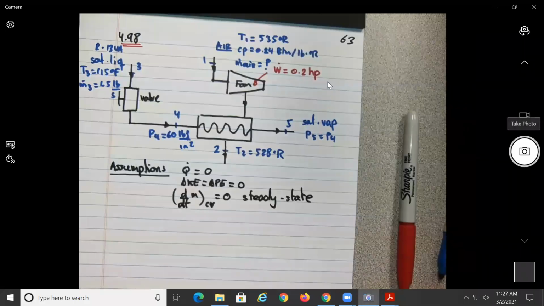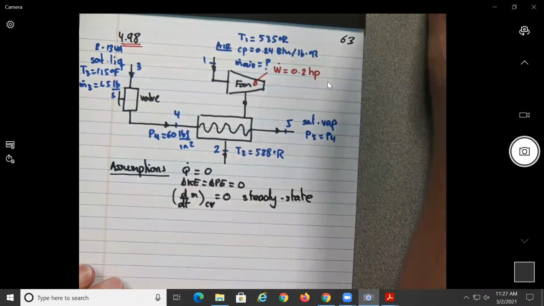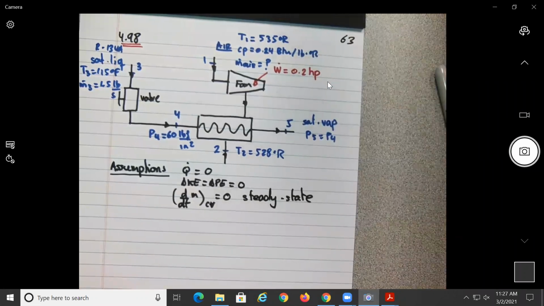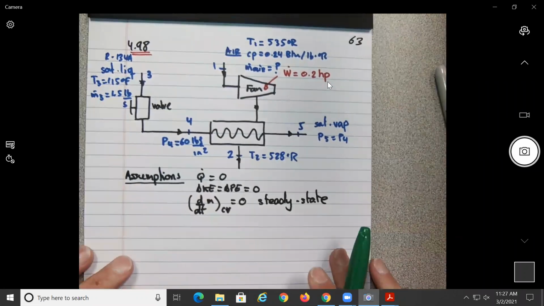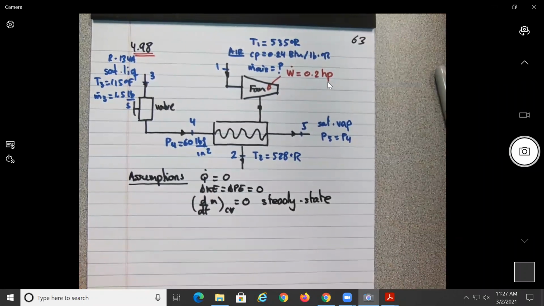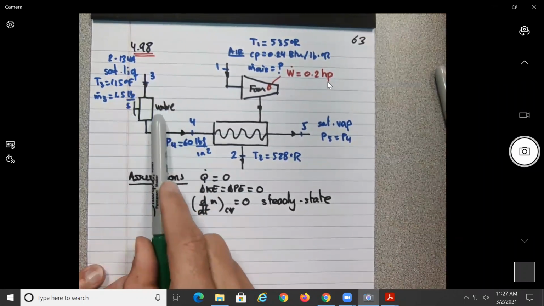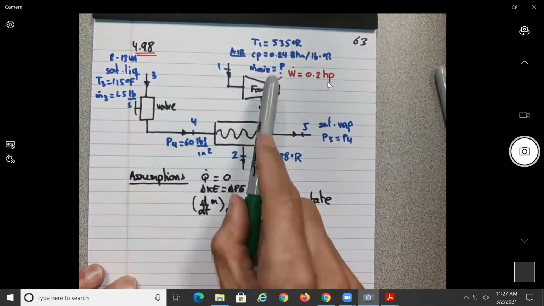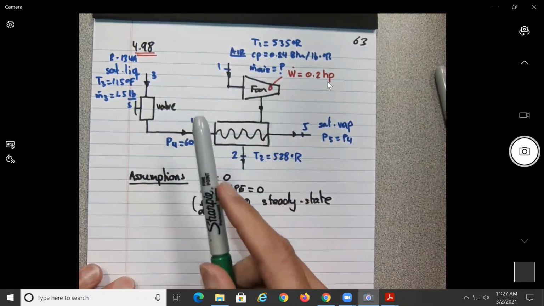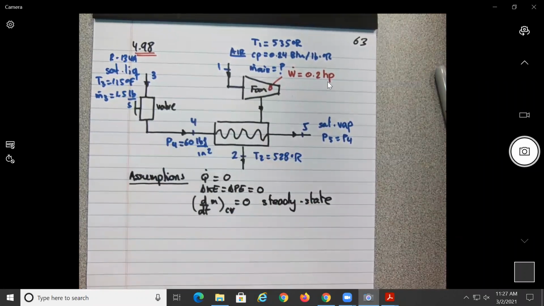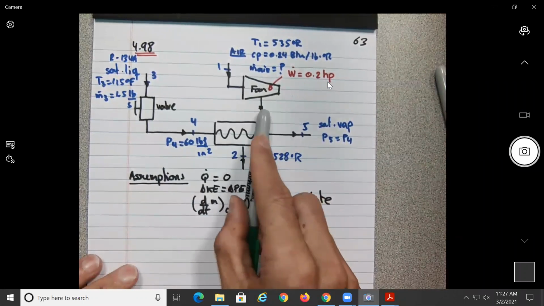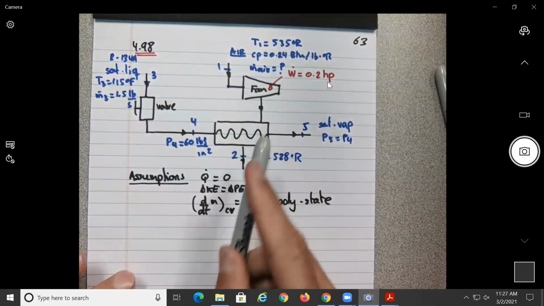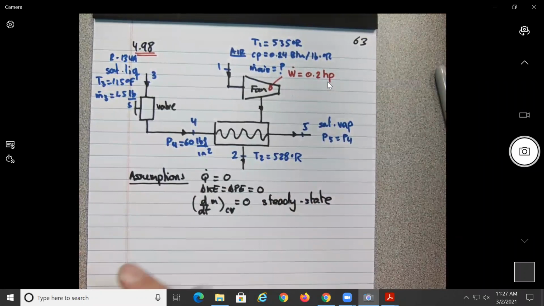All right, so there we go. So over here, my intuition. So like I was saying, with this type of problems, there's generally two things that can happen. You need to define a control volume open system for each one of the components, but sometimes you can combine some of the components. So in this case, since they don't give us any information in here, my first intuition would have been to create one control volume for each one, okay?